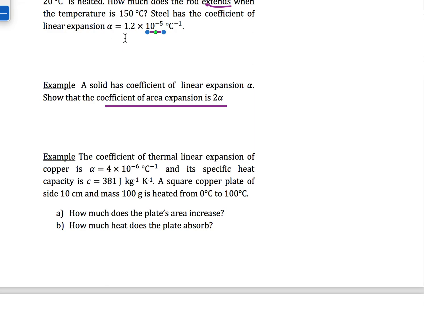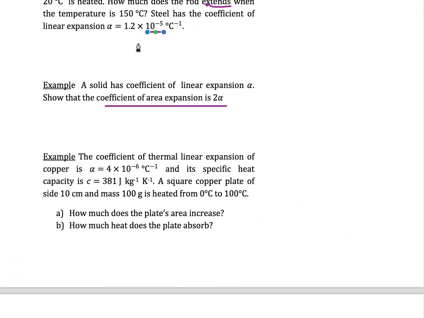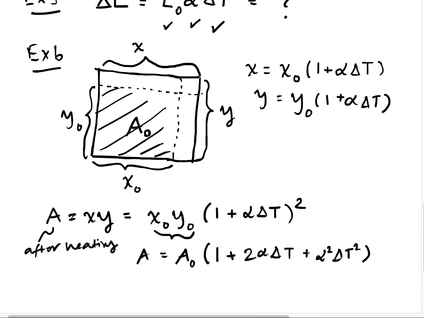When you multiply these together, it gives alpha delta T about 10 to the minus 3.